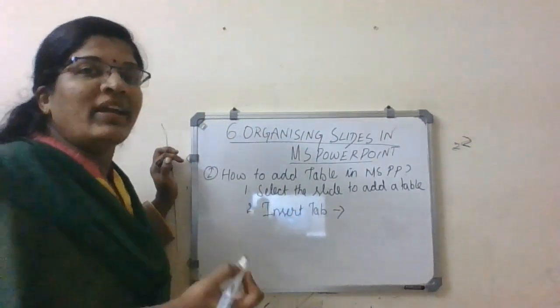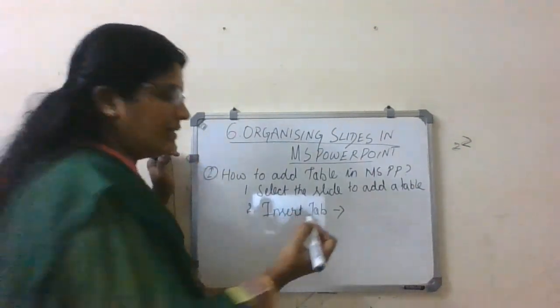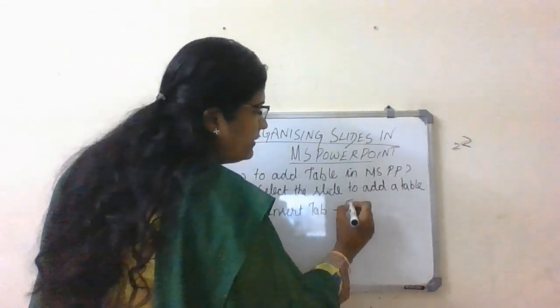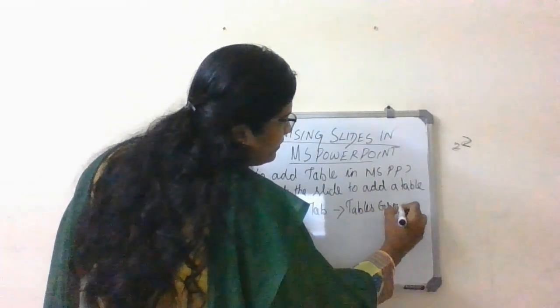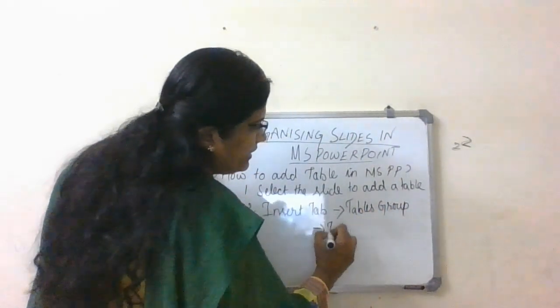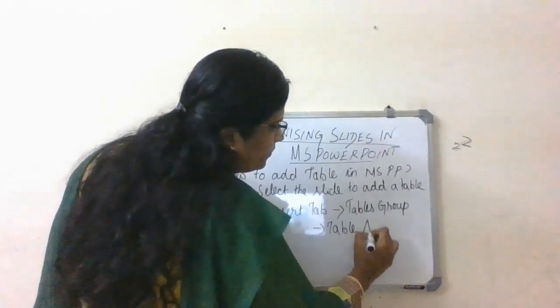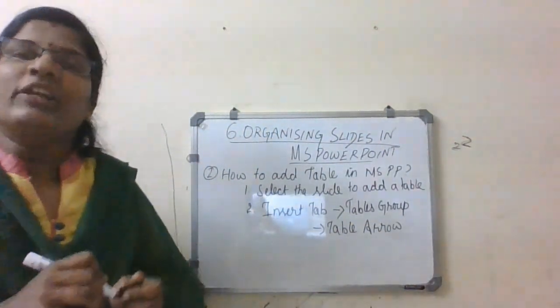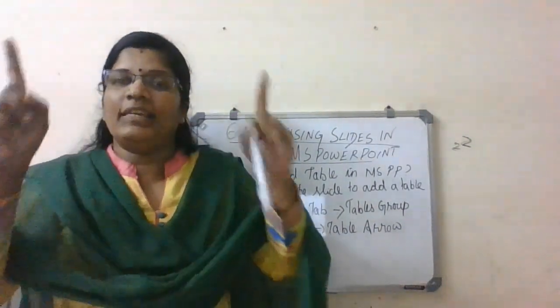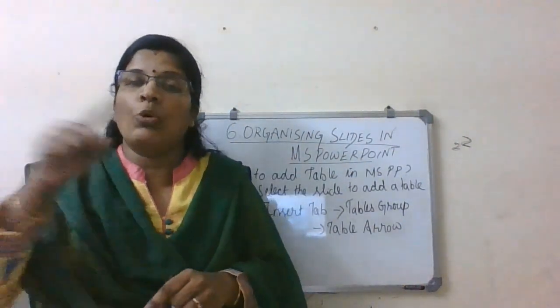Then from there where we have to go? Yes. It's the Tables group. Then Table arrow. When you click on the table arrow, you can see a box appears with so many grids.